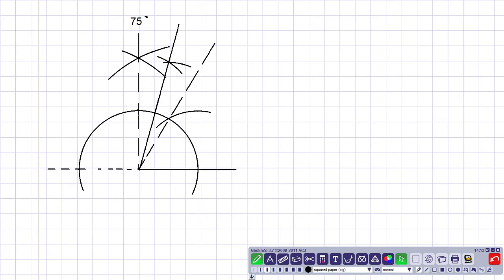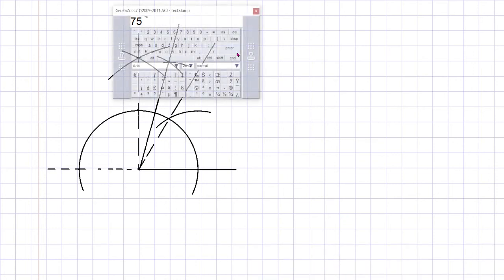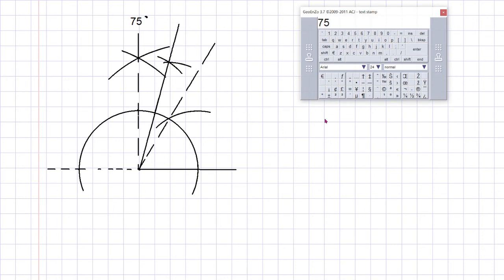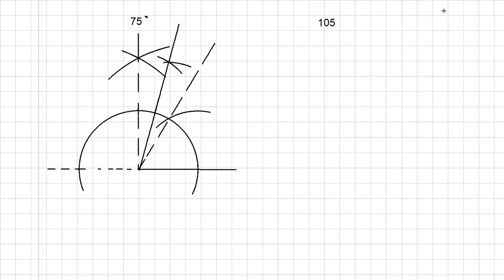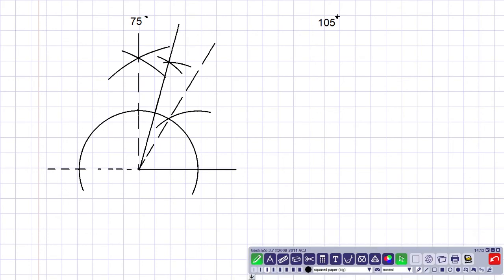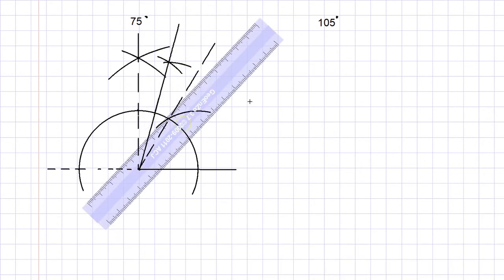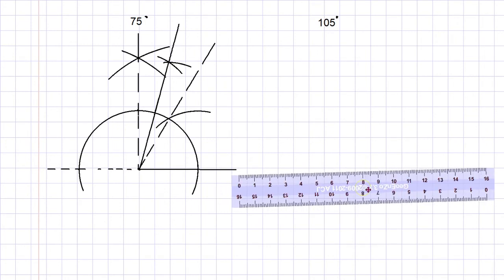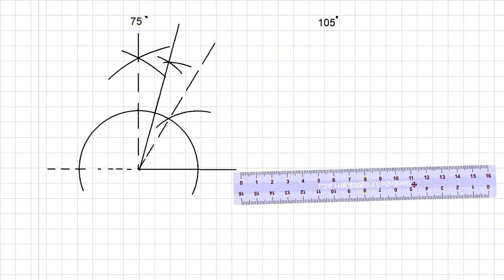Now let's construct 105 degree angle. How to get 105? 90 plus 15 is 105. So here also you have to construct 90 degree angle and the 120 degree angle on the same arm.